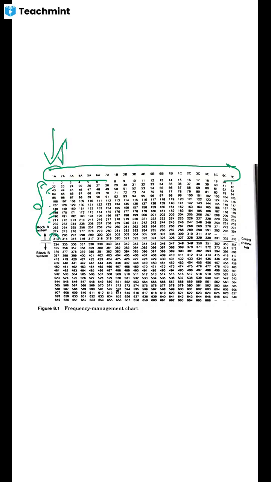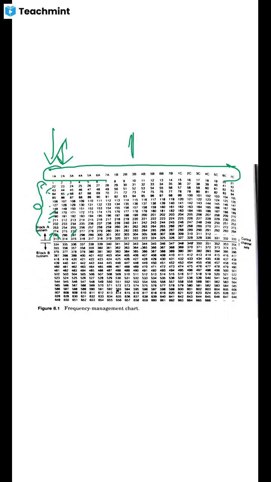Similarly, the 2A subset has 15 voice channels, that is 2, 23, 44, 65, so on up to 295, and 314, one setup channel.